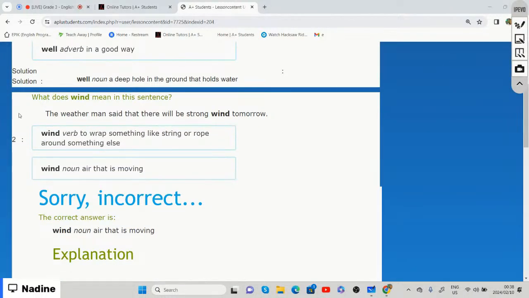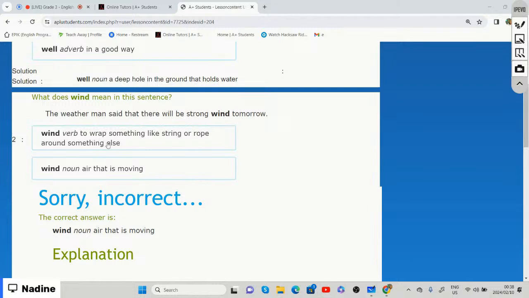Now, if we look at the next sentence, it says, the weatherman said that there will be strong wind tomorrow. We now need to match that word wind within that sentence to the correct definition. The first definition, wind, is a verb, an action.